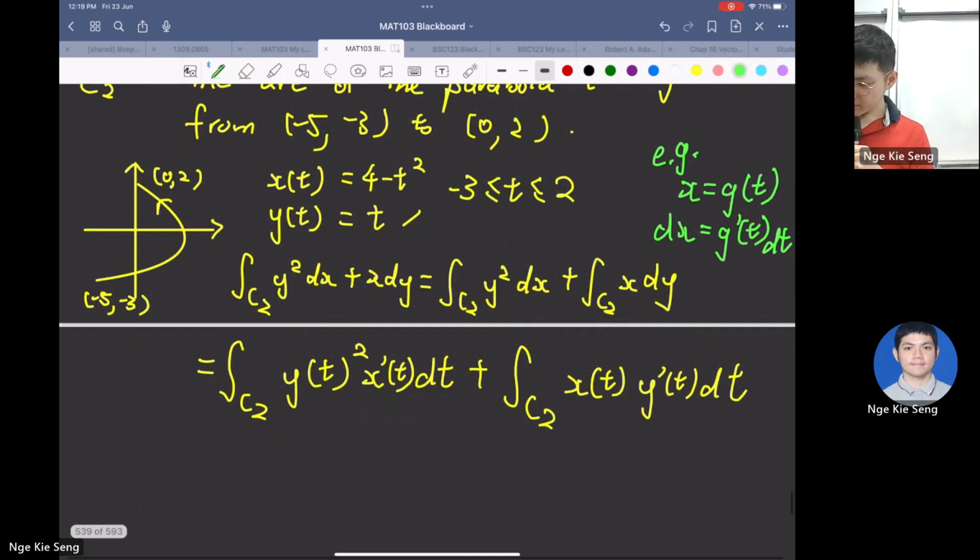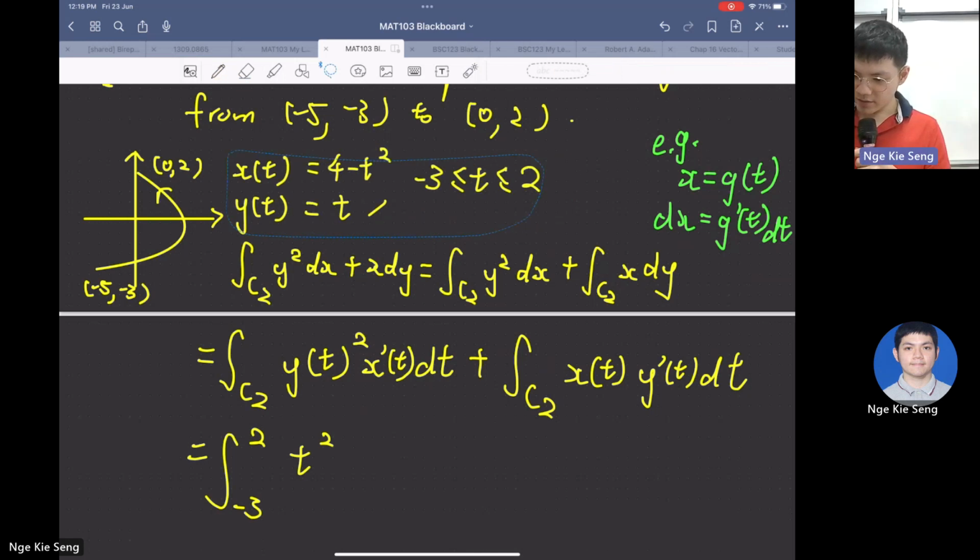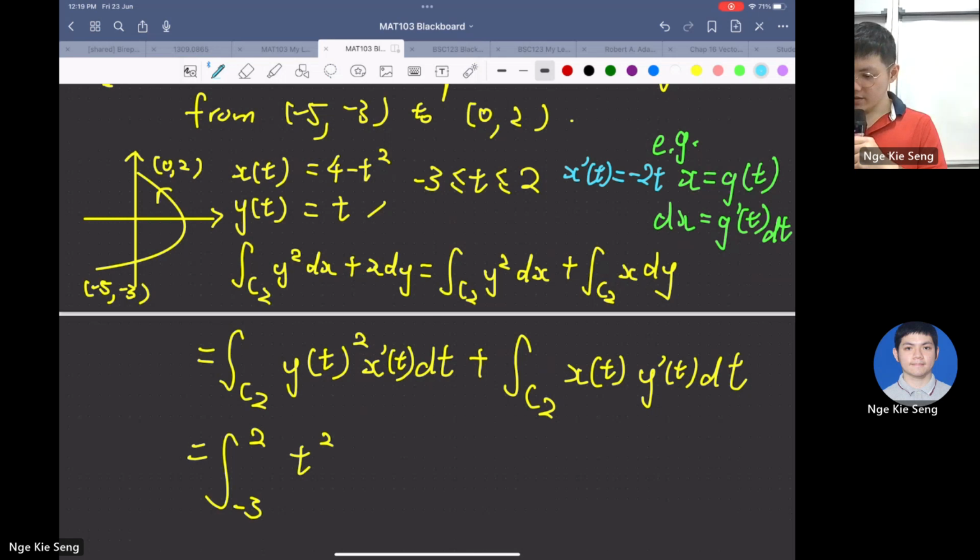So keep going. We change our integration domain to t from -3 to 2. y squared is t squared. Let's compute x prime t and y prime t. x prime t is just -2t, and y prime t is just 1.